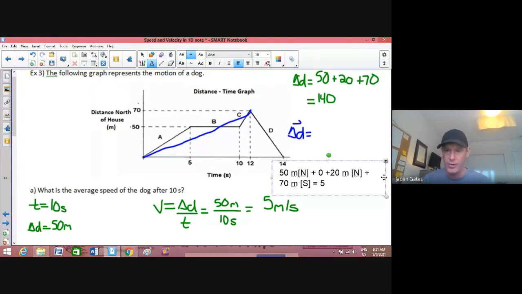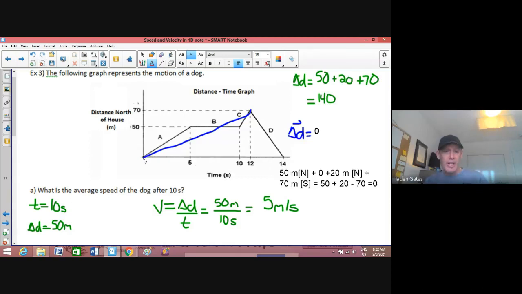So that 50 north is a 50. 0 is 0, so I'm not going to worry about it. Then I have another 20 north, so I'm going to add 20. Then I have 70 meters south. South is negative, so minus 70. Well, 50 plus 20 minus 70 is 0. So my displacement is 0.